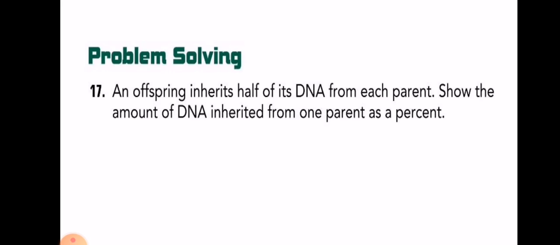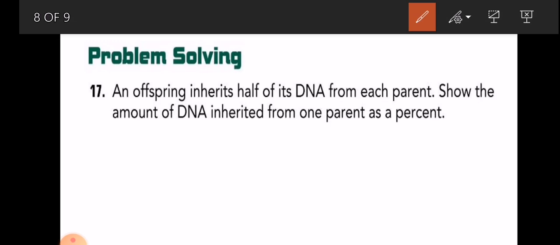Let's see the problem solving. Number 17. An offspring inherits half of its DNA from each parent. It means take half from each parent. Show the amount of DNA inherited from one parent as a percent. Here they told you that the offspring takes her DNA, half from each parent.